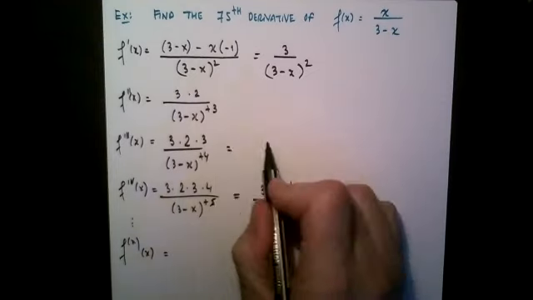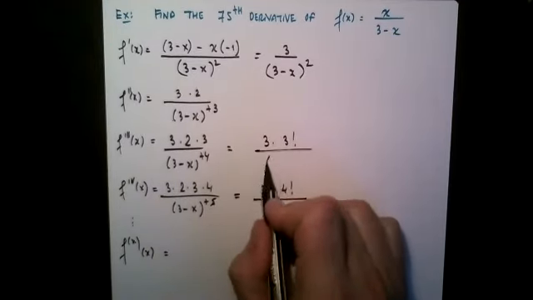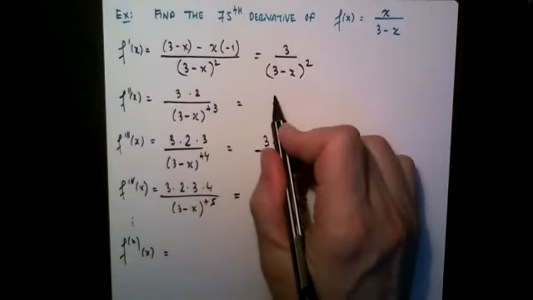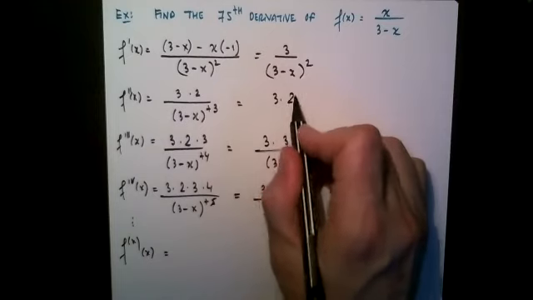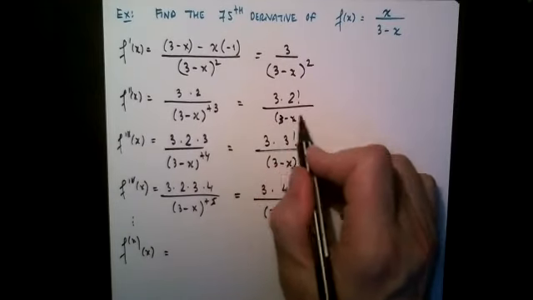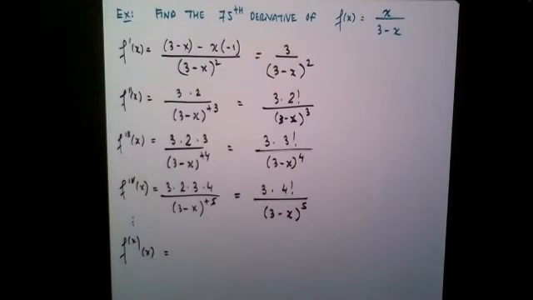Okay, so here will be 3 times, this will be 3 factorial over (3 minus x) to the power 4. This will be 3 times 2, which is just 2 factorial, (3 minus x) to the power 3, and so on. And this is 3 times 1 factorial.